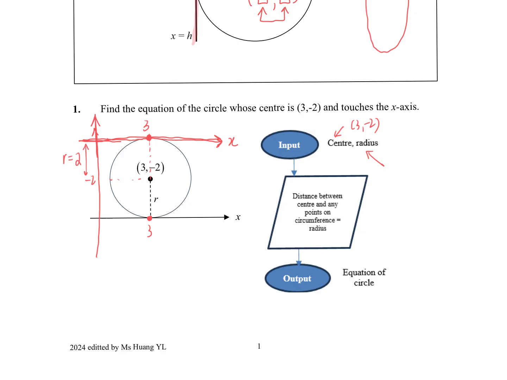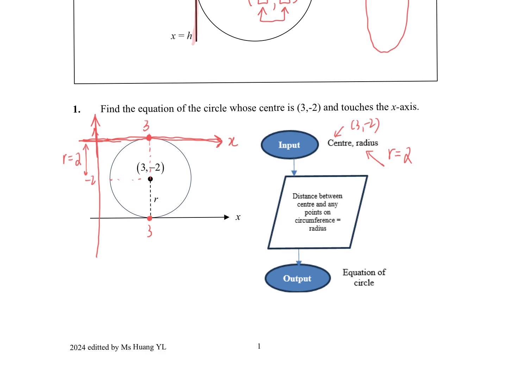But in the exam, we will not be so kind. We won't draw the diagram for you. So when we tell you it touches the x-axis, you must visualize or draw to help yourself see that the radius is 2 without any working, because you have a tangent line. So how can I find the equation of the circle?